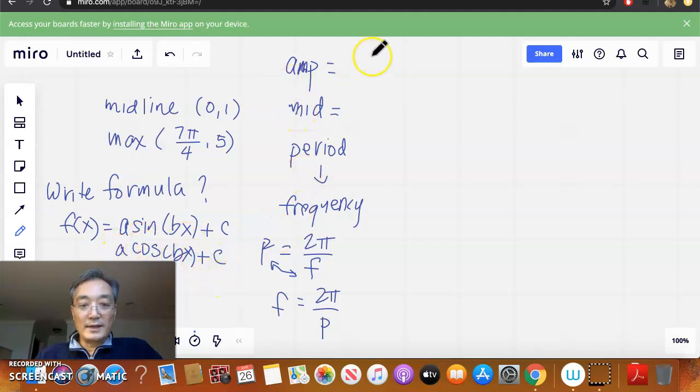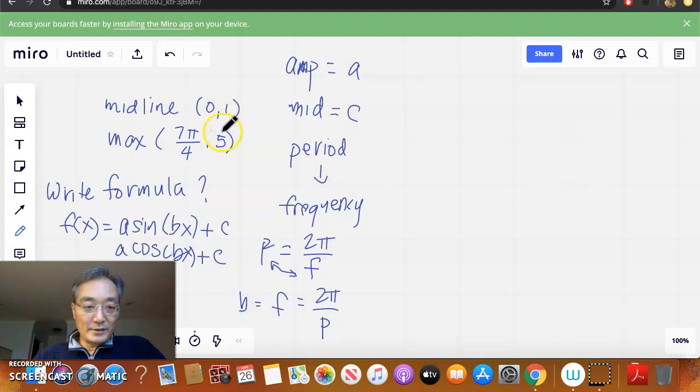So again, a is our amplitude, the midline I'm going to call c, and the frequency I'm going to call b. We need these three, a, b, and c, to write our function. So let's do it. First off, we have the midline and we have the max, correct?